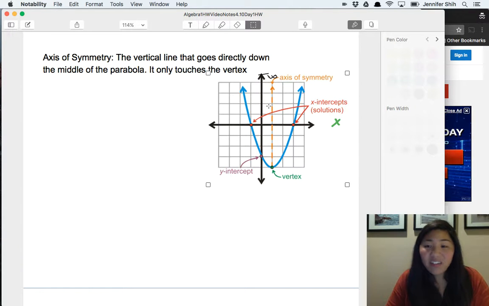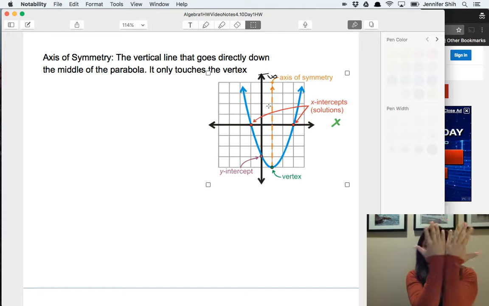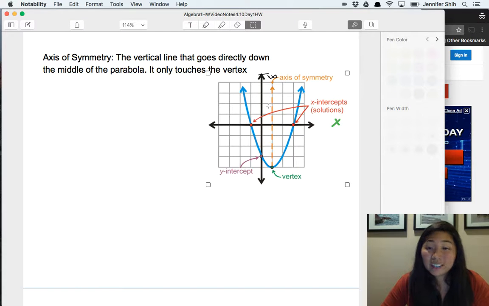A lot of things have axes of symmetry. If you put your hands together, you can probably imagine an axis of symmetry because it mirrors both sides. So we're going to look at that axis of symmetry. It tells us a lot of information about a graph.